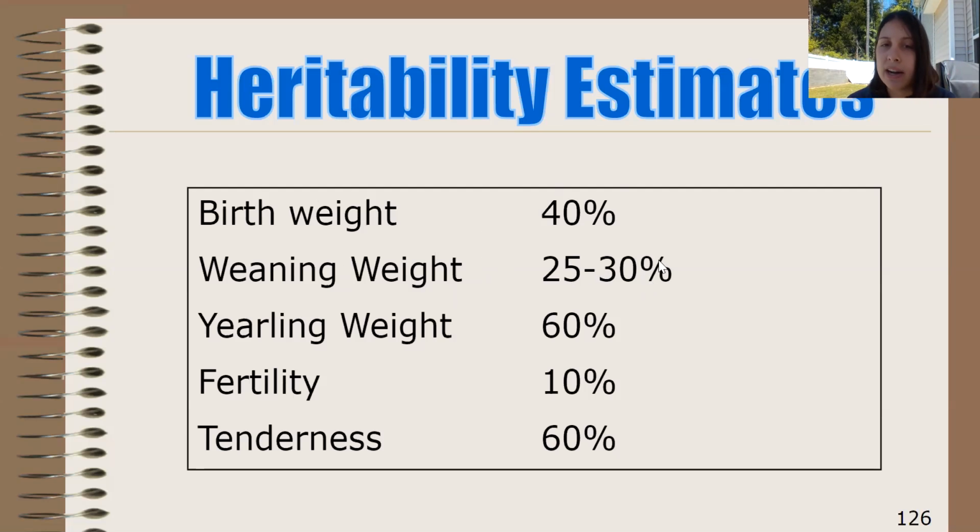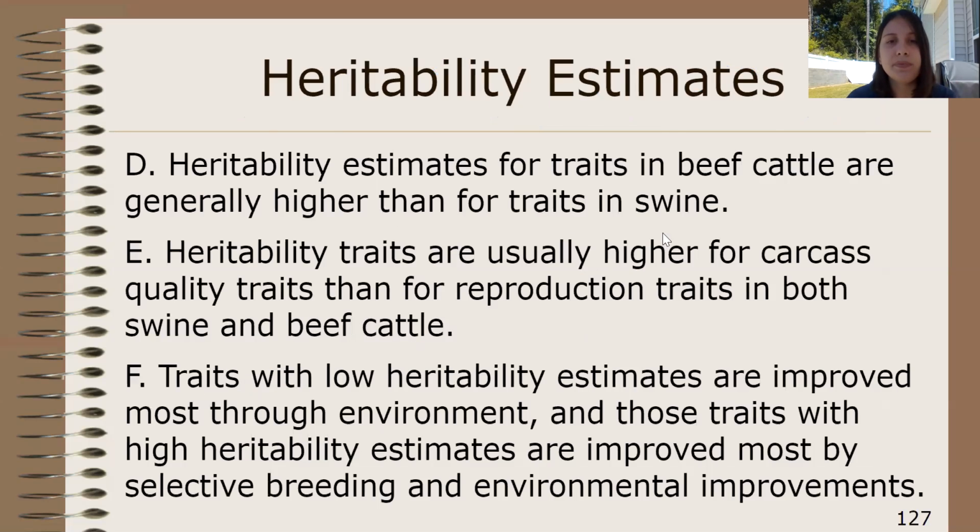So for weaning weight, cattle could have a 30% heritability estimate, whereas swine, pigs, could have a 25% heritability estimate. It's not going to be terribly far off, but those percentages are normally going to be higher in beef cattle than in swine.